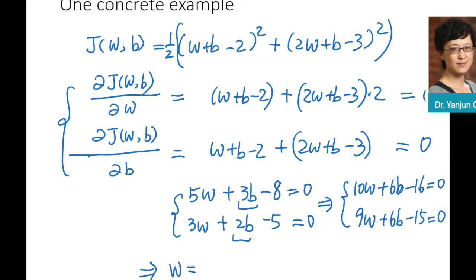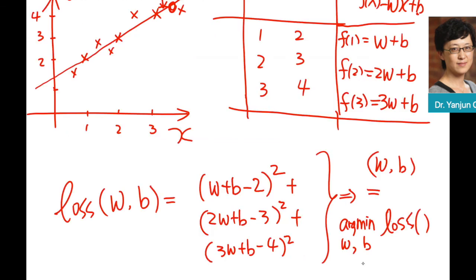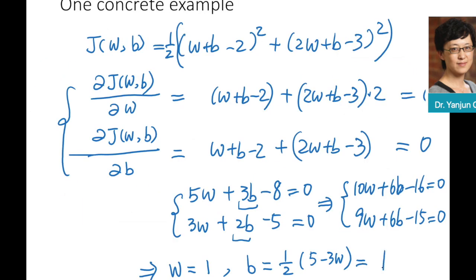I get W equals 1. After I get W equals 1, I get B equals 5 minus 3W, which is 2 over 3... sorry, 3W is 3, so B is 1. Okay, so voila, we solved it: 1, 1.